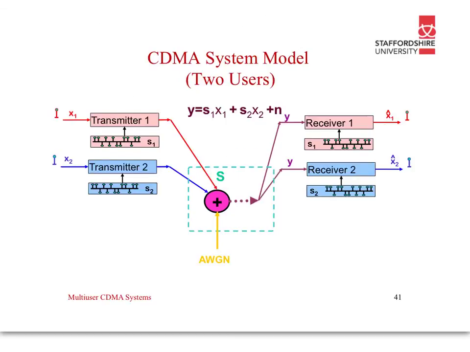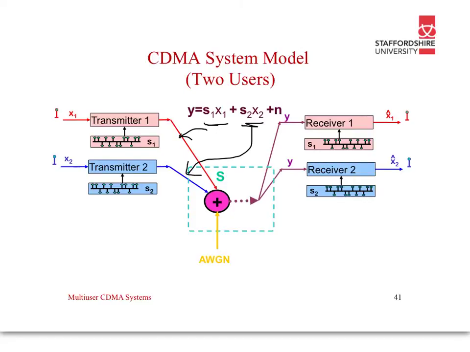Transmitter 2, we have X2, and transmitter 2 will be transmitting their value, and they will have a separate code, unique to S1, not unique. So then what we're passing to the channel is S1 times X1 and S2 times X2.